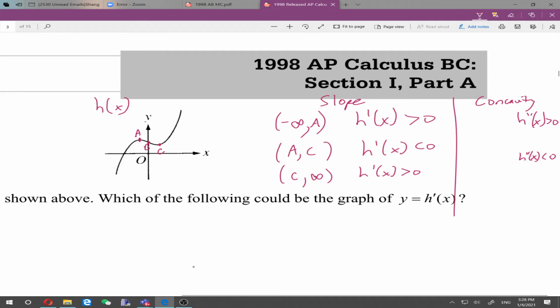So A and C. Okay, A and C are two points. I need to have an interval. So on what interval are we concave up? Negative infinity to A. Okay, from negative infinity to A, we're actually increasing. So that's our slope, not our concavity.